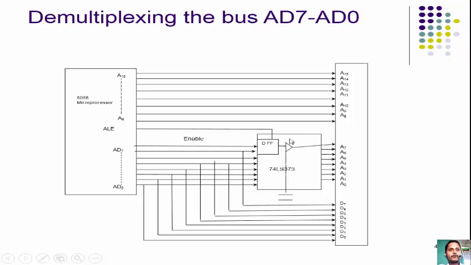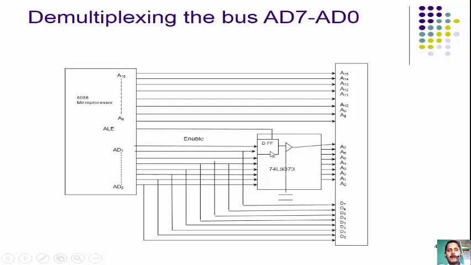Okay, so depending on the latching concept, once the ALE pin goes to active high in the first cycle, that is the opcode fetch cycle, the address available on A0 to A7 gets latched or locked in the 8 D flip-flops.